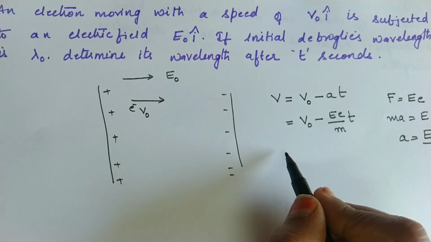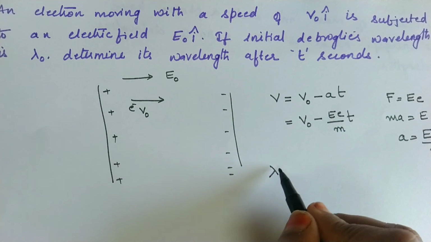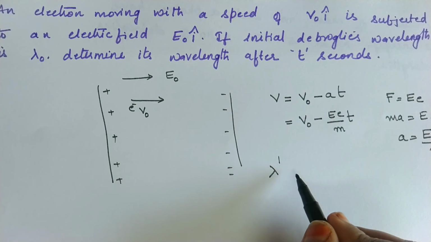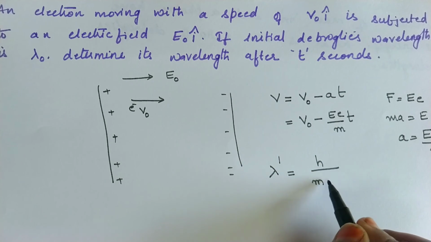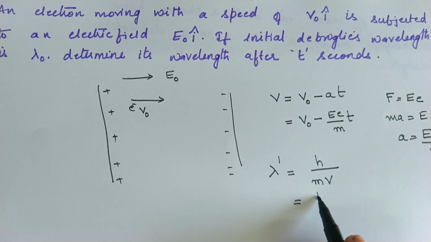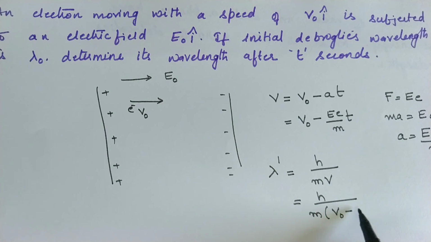But they want you to calculate the de Broglie wavelength. So what will be the de Broglie wavelength after t seconds? Lambda dash is equal to h by mv, that is h by m into v0 minus small e into capital E by m into t.